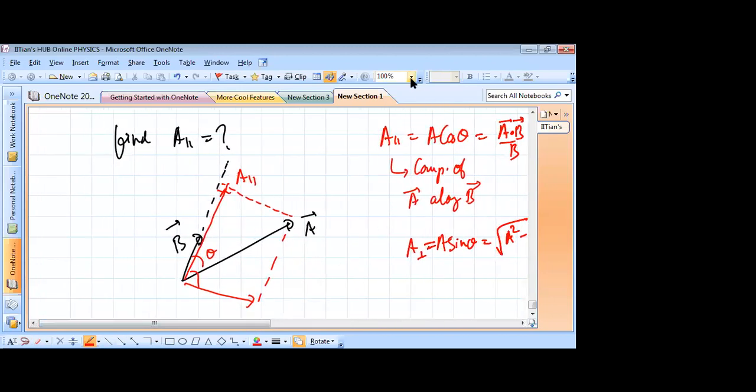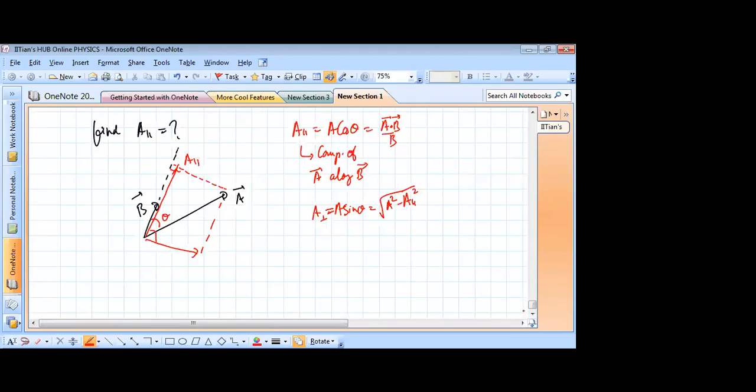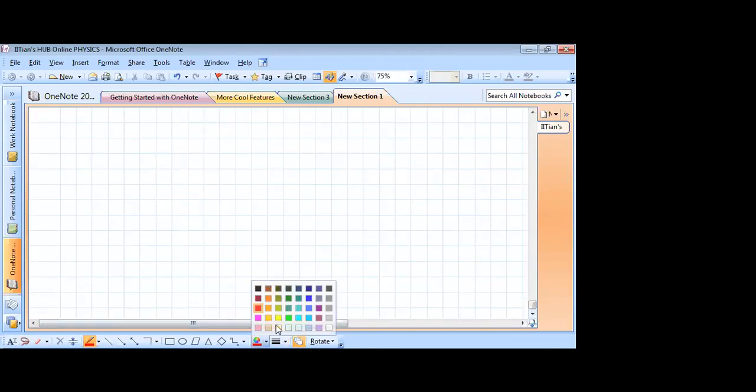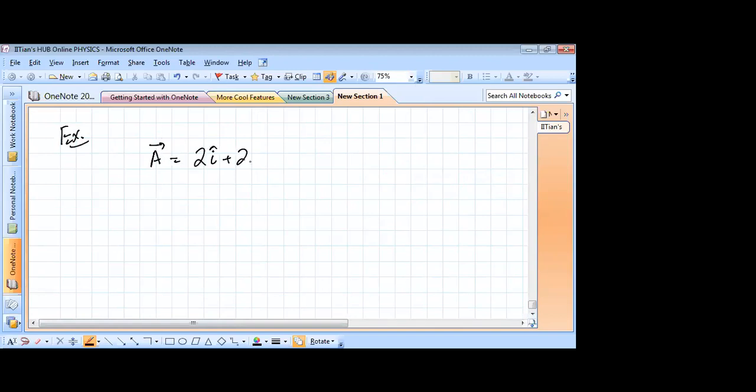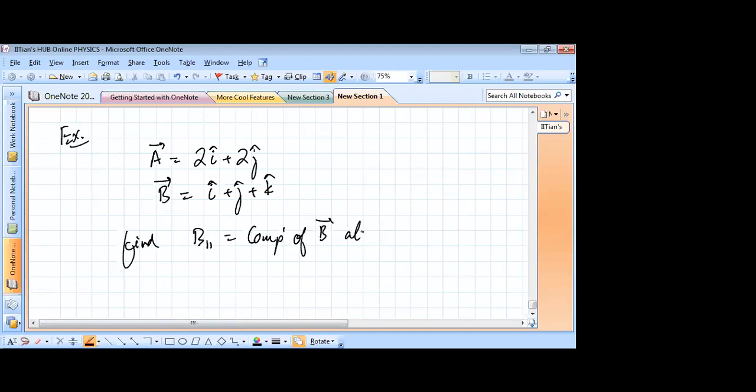Now let us understand this in the context of a 3D type question, where we cannot draw the diagram, so we have to rely on the dot product method. Let's do another example because this is quite tricky in terms of numerical also. Let's take an example where the vector A is 2i cap plus 2j cap and the vector B is i cap plus j cap plus k cap. Now find the component of B along the vector A in magnitude.